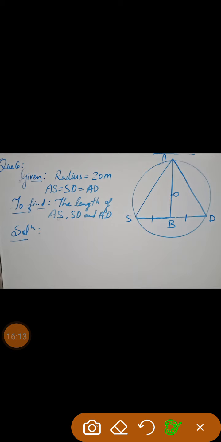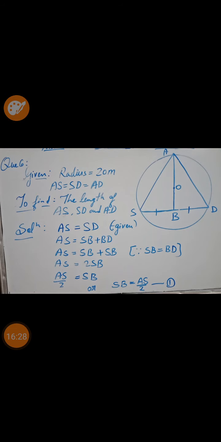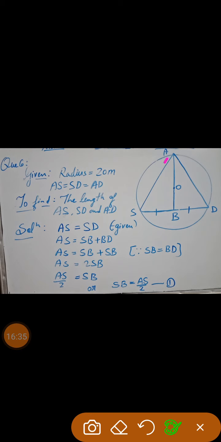And what do we need to find? We need to find the length of AS, SD and AD, which means we need to find the length of each string. And it is given that all three strings are equal; the distance between these boys is equal. Now see, AS is this. We are taking two sides of this triangle, AS and SD.